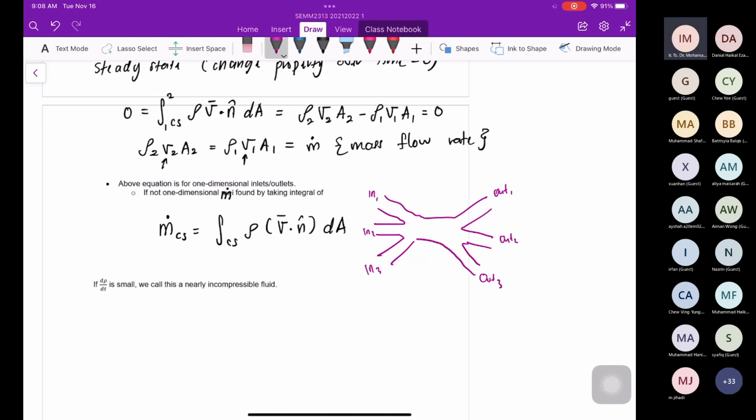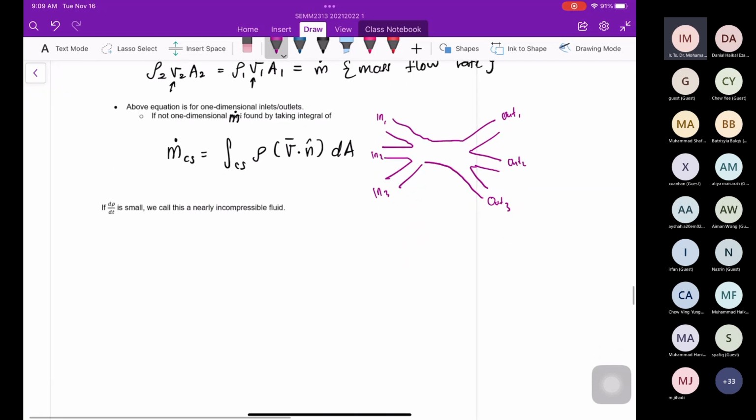Any application? Blood vessel. Okay, blood vessel. And then? Alveoli, right? In our lung, to exchange oxygen. We have the blood vessel. All these require the fluid mechanics that you need to solve.